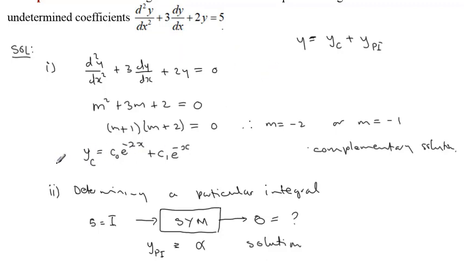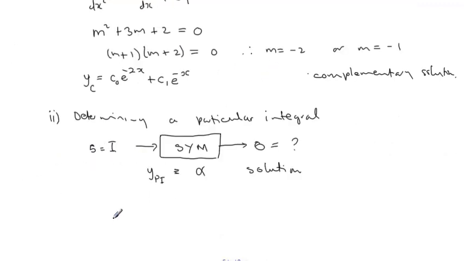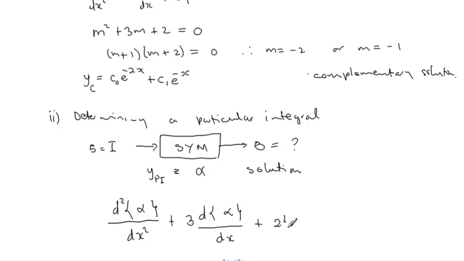So this is what we're going to do. We're going to say d2 alpha dx squared plus 3 d alpha dx plus 2 alpha must be equal to 5. This equation must balance. Reason why? Because we're claiming that y p equals alpha is a solution, and a solution must satisfy the equation which it is claimed to be the solution of.